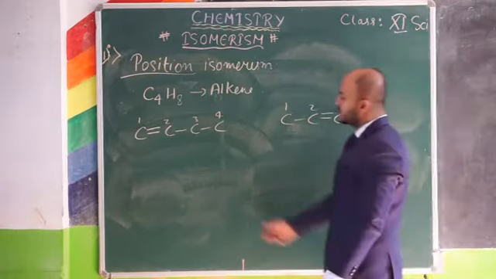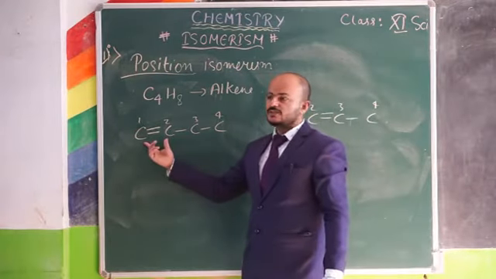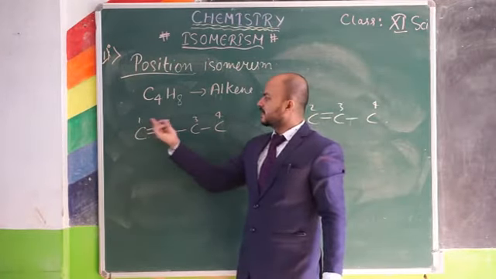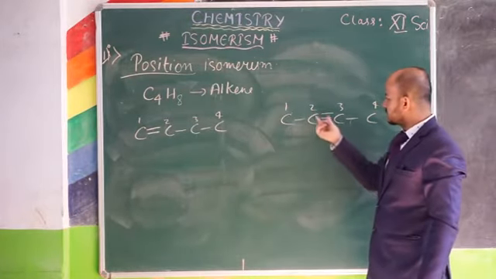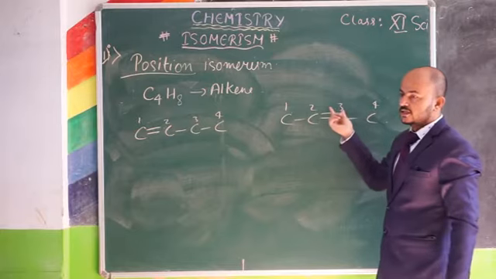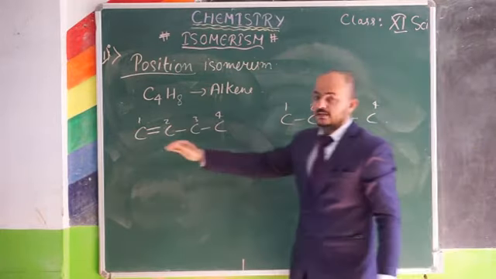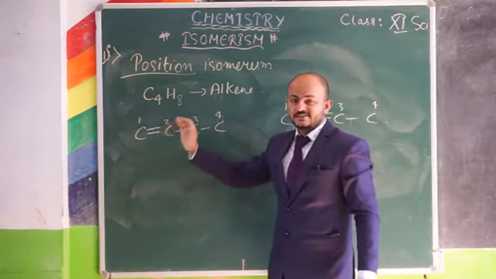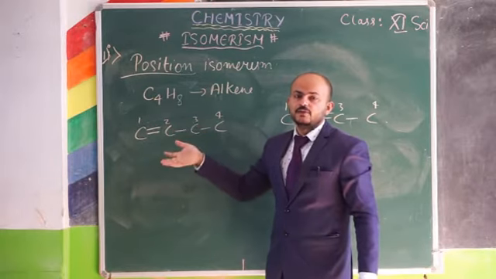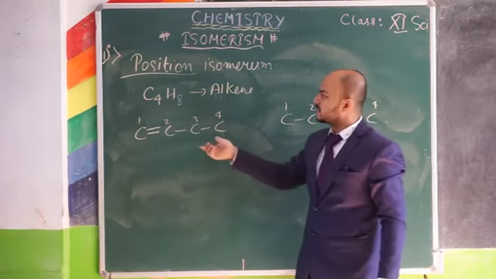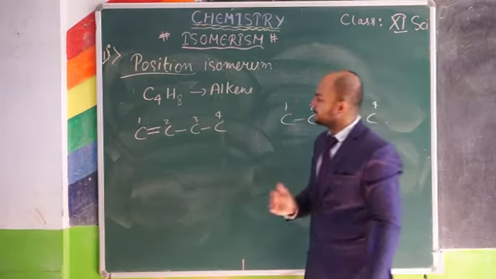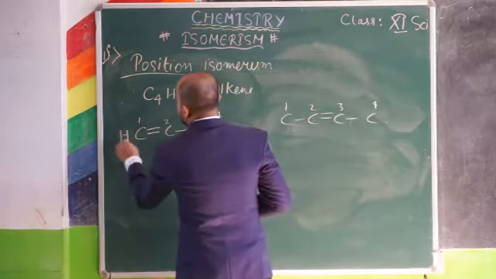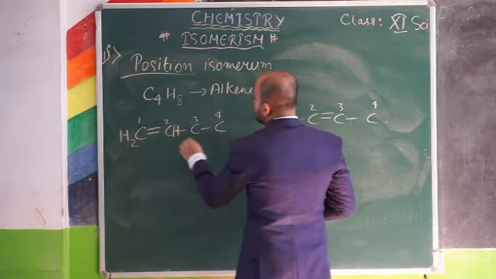So here you can see that the double bond is present between carbon number 1 and carbon number 2. But in this structure, the double bond is present between carbon number 2 and carbon number 3. Therefore, this difference in position of the double bond in these compounds will give rise to what? Position isomerism.